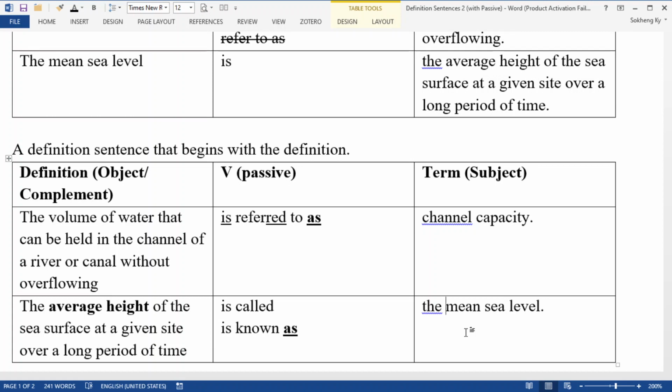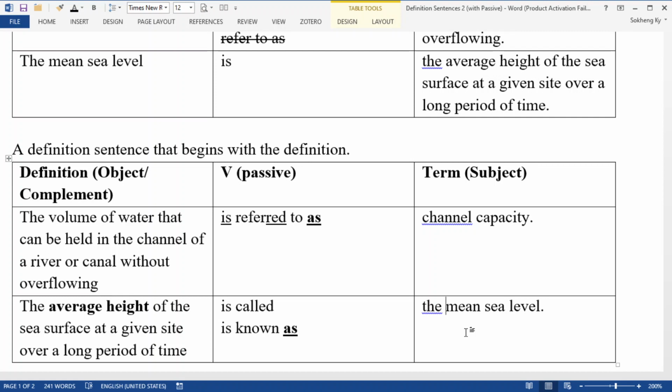Everyone, please note that we need to be aware of these two ways of writing simple definition sentences. We need to know the two at least to identify definition sentences. And when it comes to writing and speaking too, we need to vary our sentence structures.